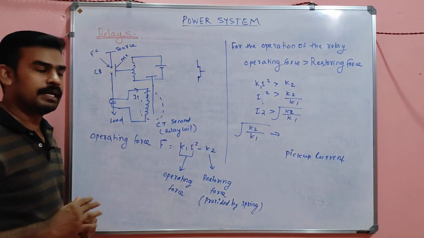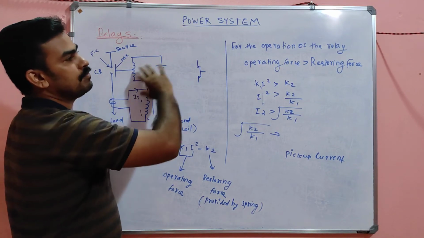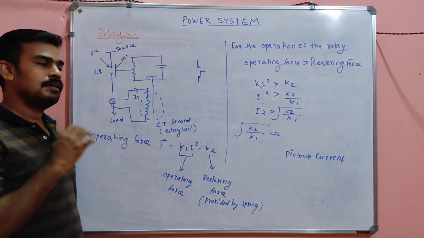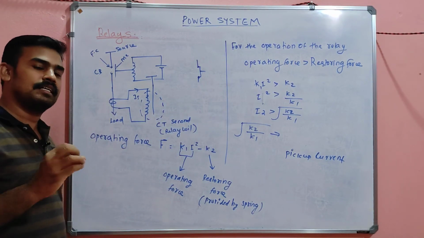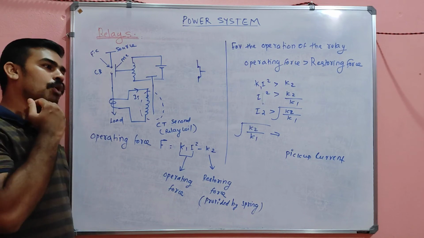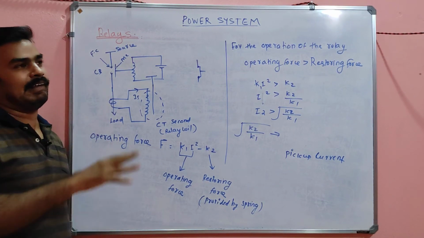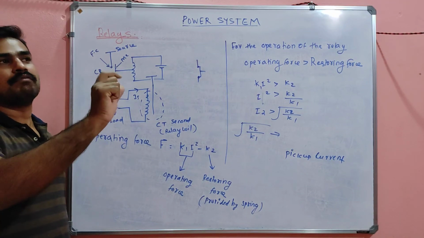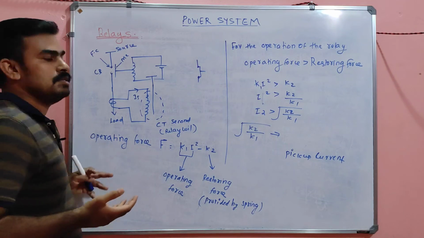It is root of K2 by K1, that's all. For examination point of view, my dear, this is for our understanding purpose. The examiner will not ask this K2 by K1 or anything. The problems associated with the relay will be normally asked: plug setting, multiplier, and some types of relay and what are the uses, that's all. But for our satisfaction, I am telling all this.